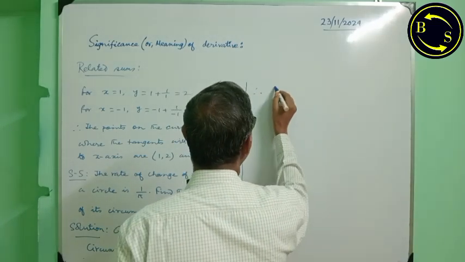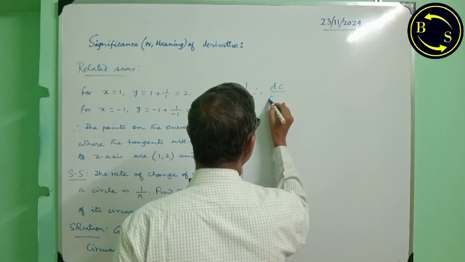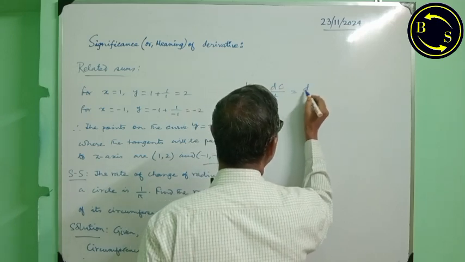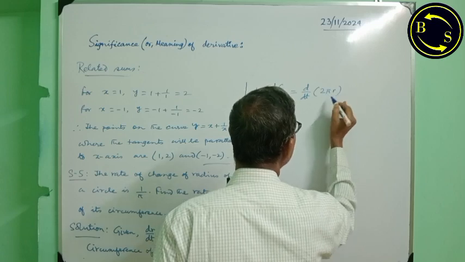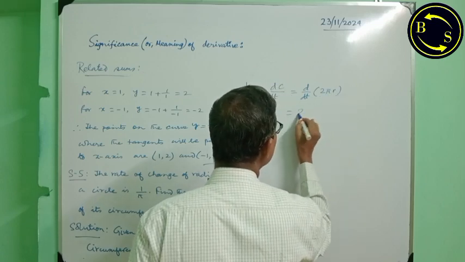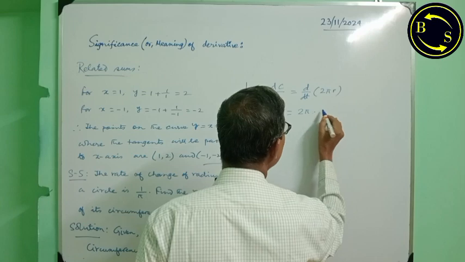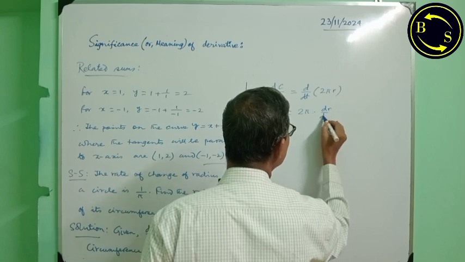Therefore dc dt is equal to d dt 2 pi r. 2 pi is constant, therefore the result will be 2 pi into dr dt.